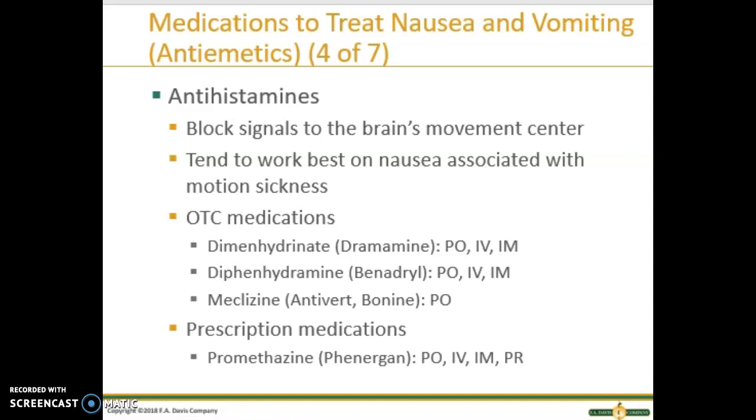Dramamine is given by mouth, intravenously, or intramuscularly. Promethazine is by mouth, intravenously, intramuscularly, and also per rectum. They're listed next to each drug, so just take note of that as we continue lecturing.